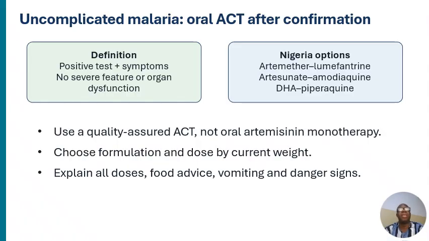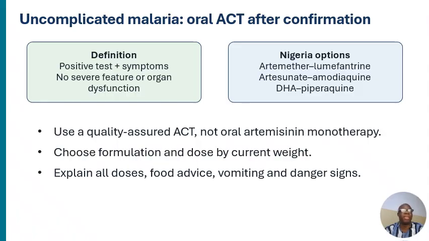Uncomplicated simply means symptomatic parasitemia without any evidence of severe malaria or vital organ dysfunction. That definition matters because the presence of even one severe feature changes the route of treatment and changes the urgency. It also changes the place of care and monitoring.